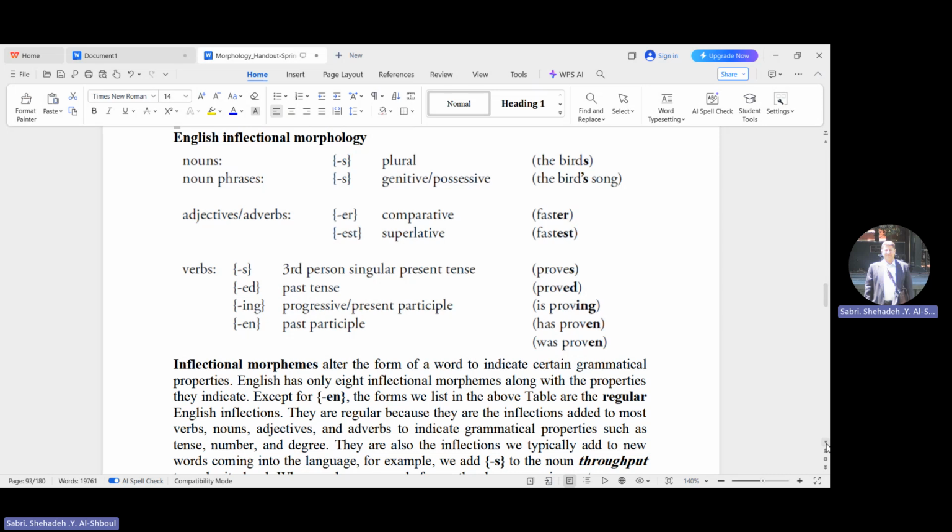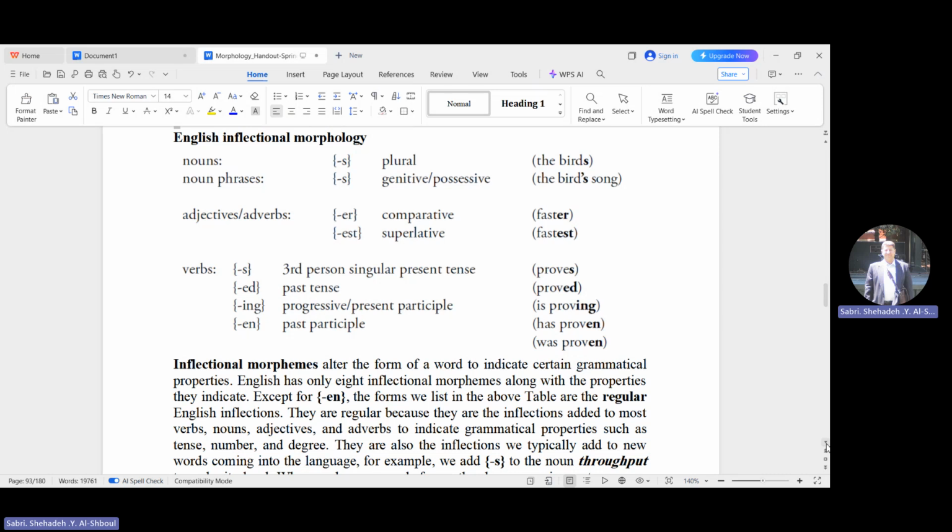Noun phrases may reflect the genitive or possessive level, like the bird's song. Adjectives or adverbs acquire -er or -est in the comparative and superlative respectively, like faster, fastest.